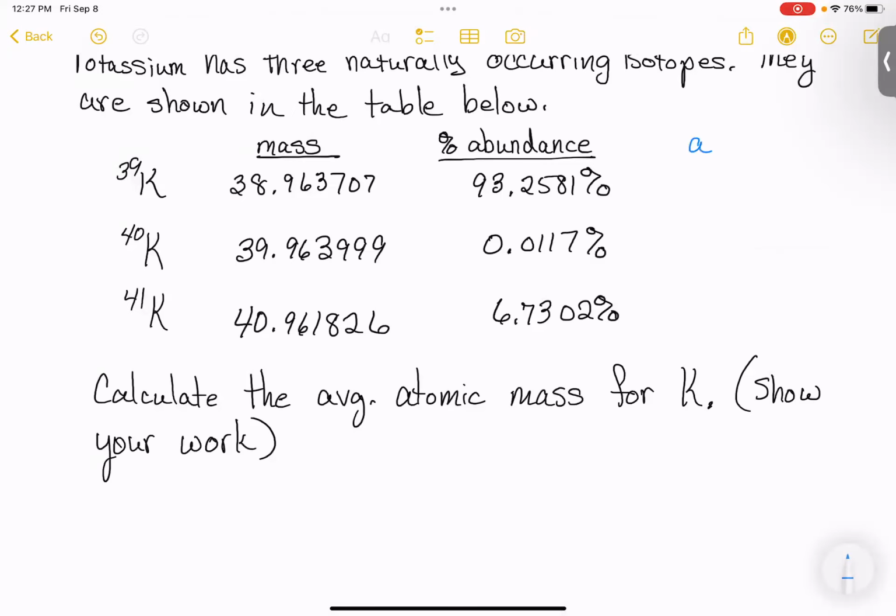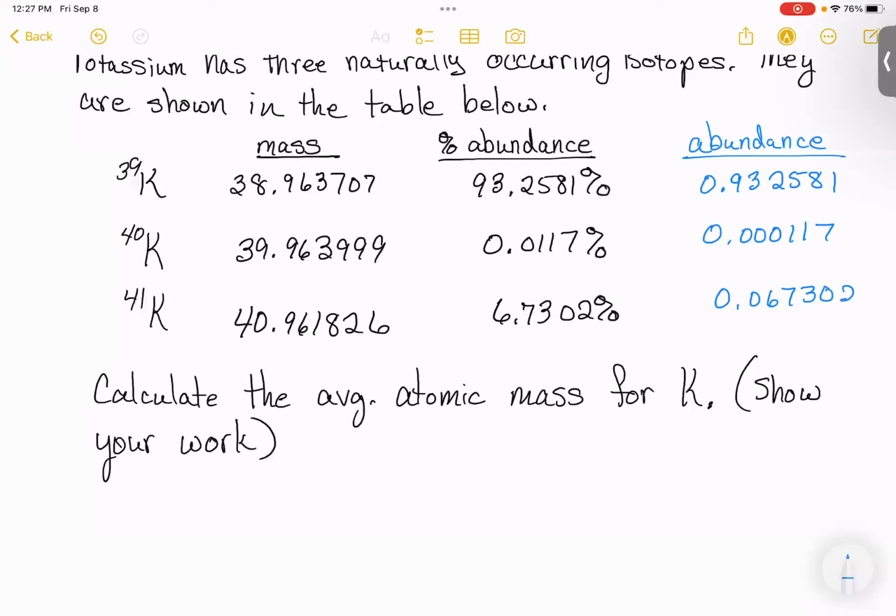So you're going to have to take those percent abundances and get it just to the abundance by dividing by 100, because it is the mass that you multiply by the abundances. And then you can do the math.